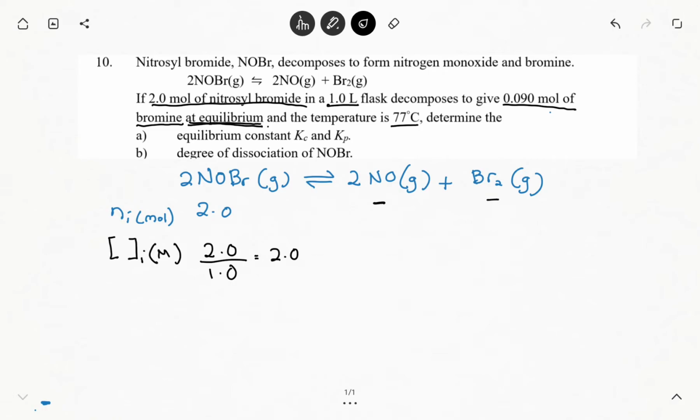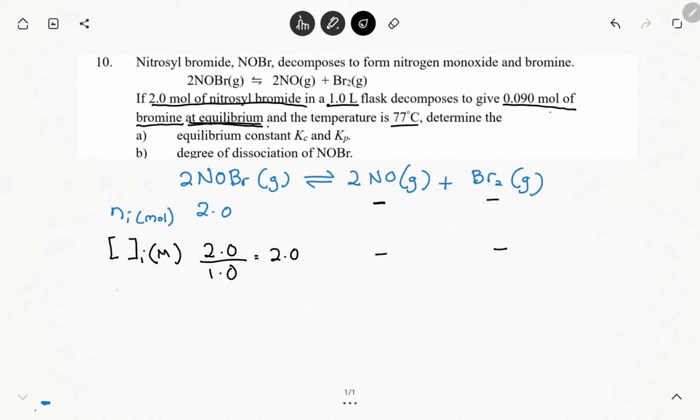Okay, so this is the concentration initial for the reactant. At initial we don't have the product, so dash. Before the reaction starts, we only have the reactant, therefore the product is 0.